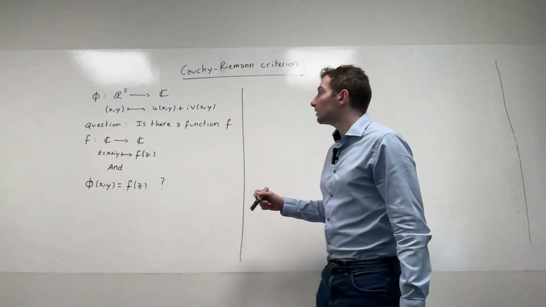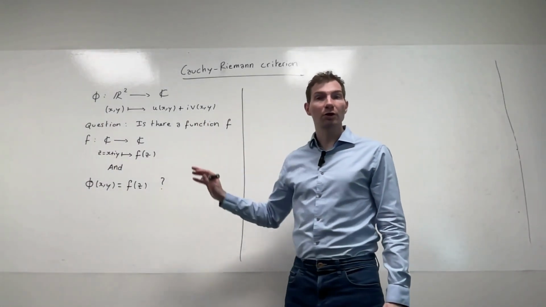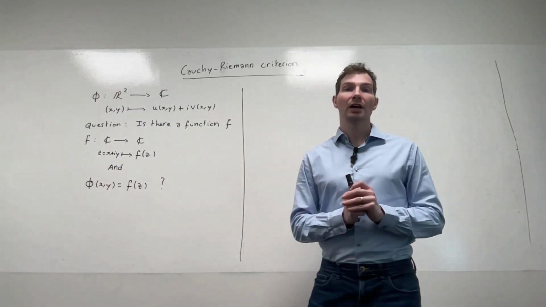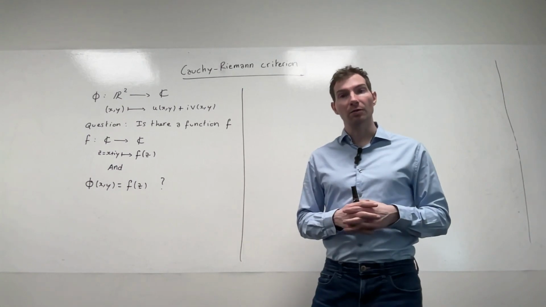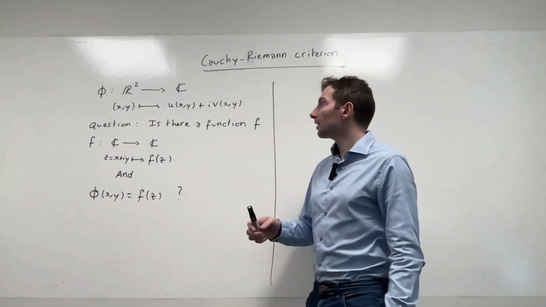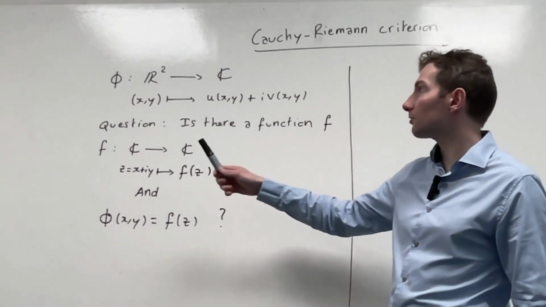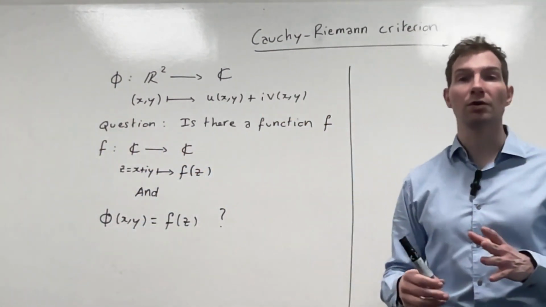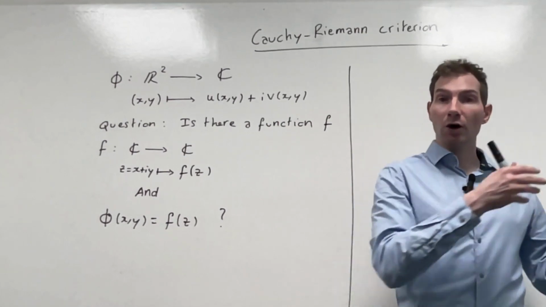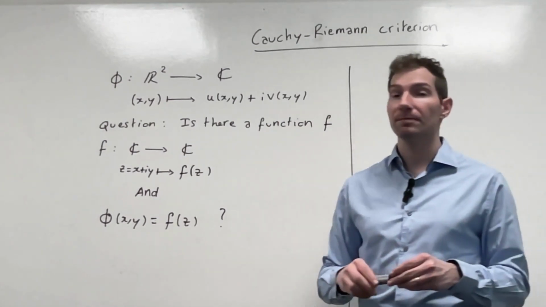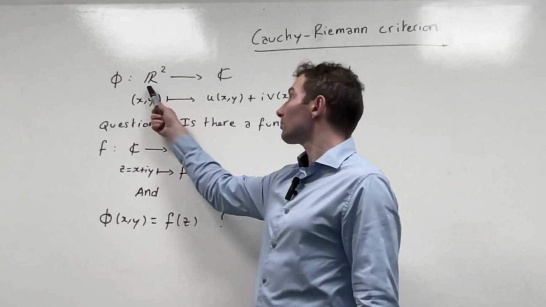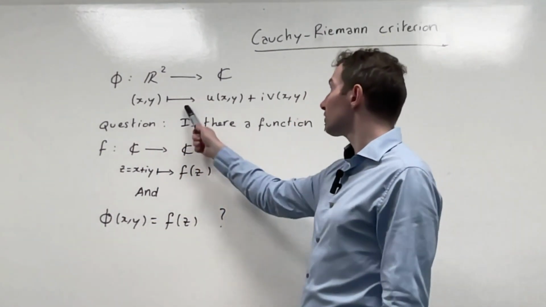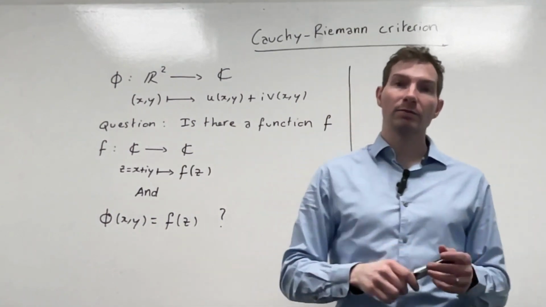Right, okay, so let's try to understand what kind of problem we are looking at when we want to talk about this starting point of complex analysis. Imagine you have a function, and this function goes from R2 onto the complex numbers. It takes in as arguments two real numbers, and then it returns a complex number.